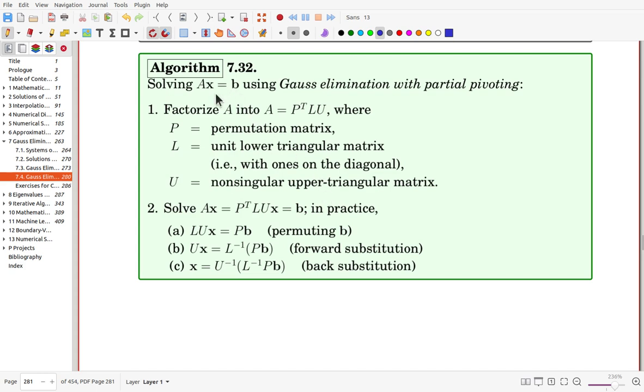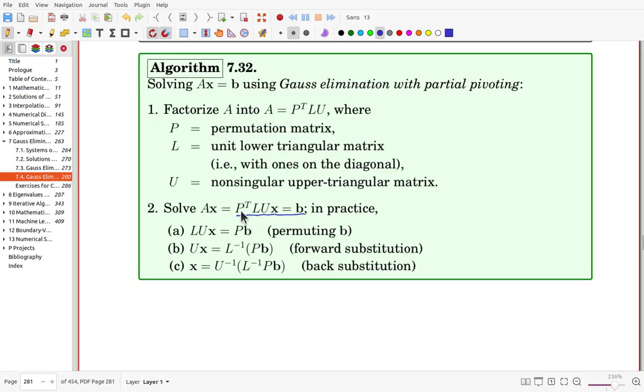Of course, when it is non-singular, we can solve the equation uniquely. After getting this factorization, we can solve it. AX can be written in this way, so it is B.